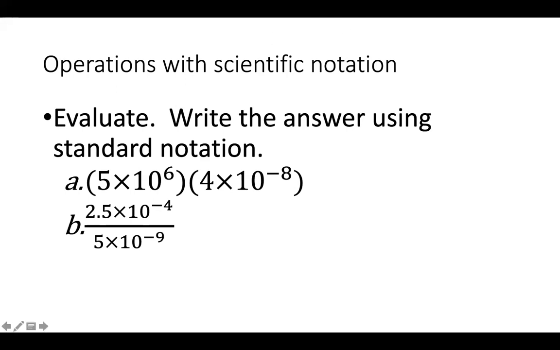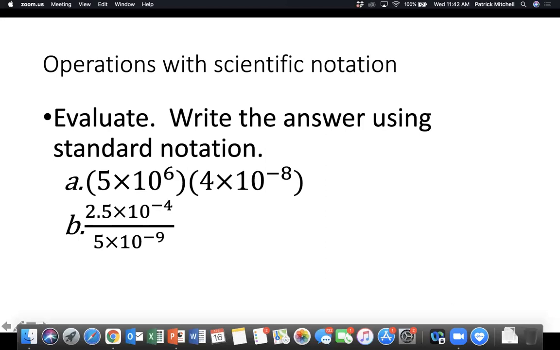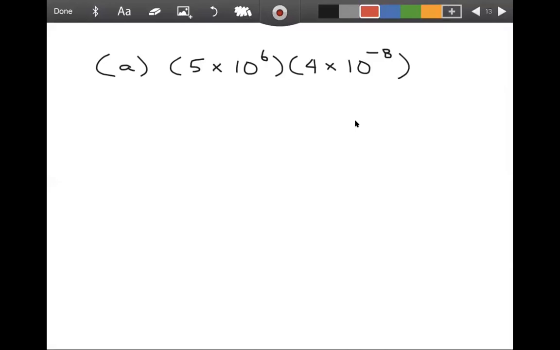All right, so back to the tablet one last time. And we start with 5 times 10 to the 6th times 4 times 10 to the negative 8. So it's very easy to simplify these. Just do 5 times 4 times, and then use the product rule to simplify 10 to the 6th times 10 to the negative 8.